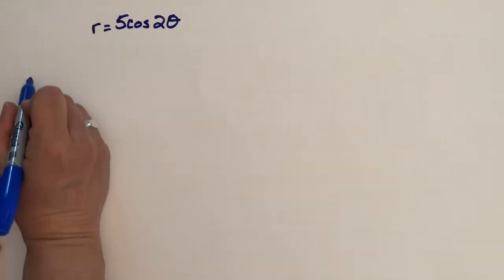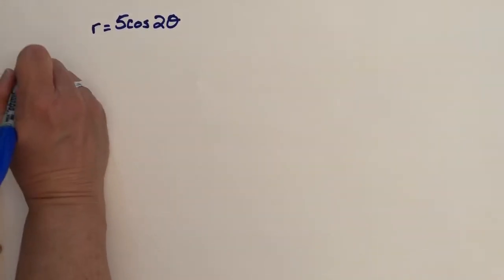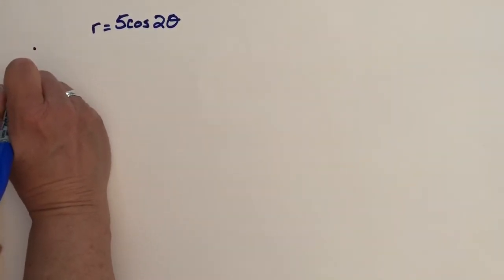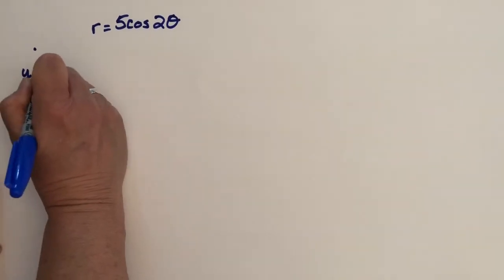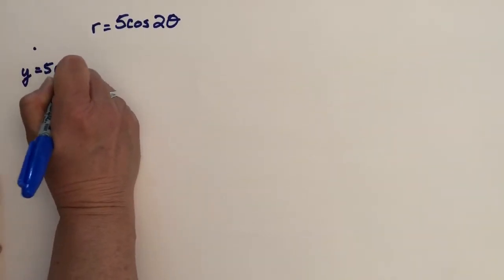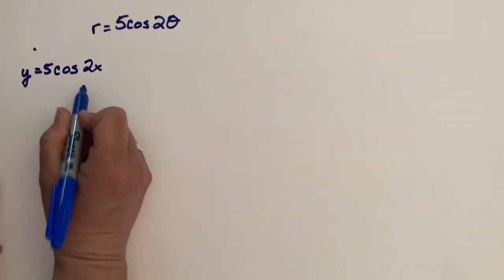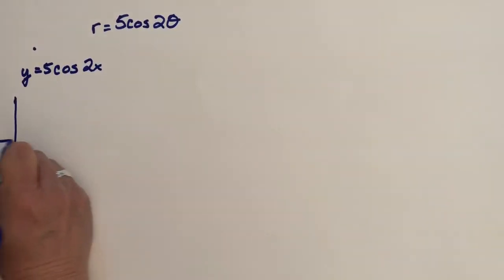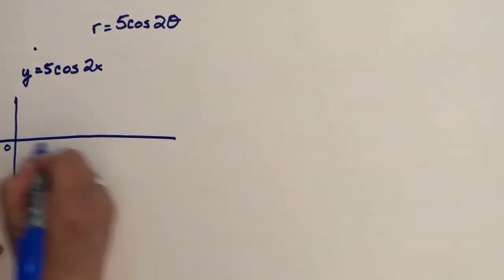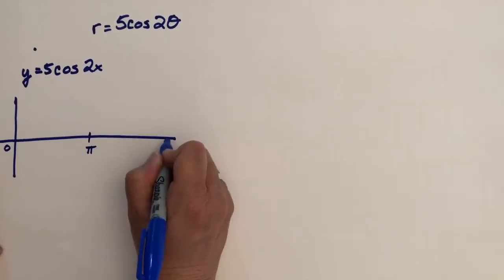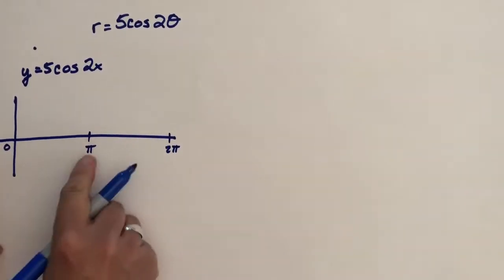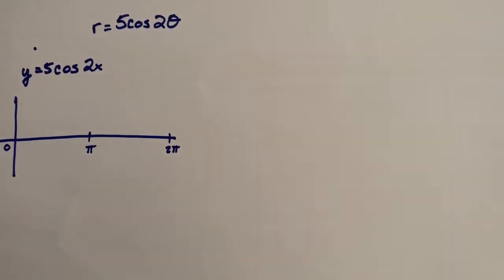but now we have a cosine instead of a sine. But again, I'm going to go back to my rectangular graph as a reference. So I'm looking at y equals 5 cosine 2x. As you know, the period will be pi. So from 0 to pi, I'll have one cycle, and from pi to 2 pi, I'll have another cycle.